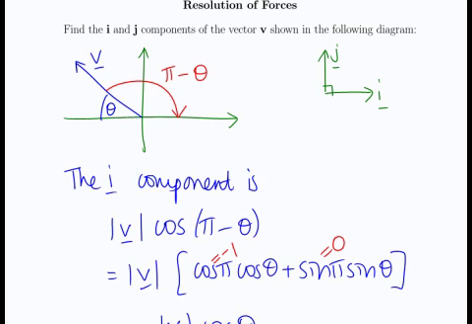Now the angle that we have to swing through is just this angle here. In other words, it's pi by 2 minus theta, and that will align the vector v with the j axis. I would expect this component to be positive because v is pointing upwards rather than downwards.